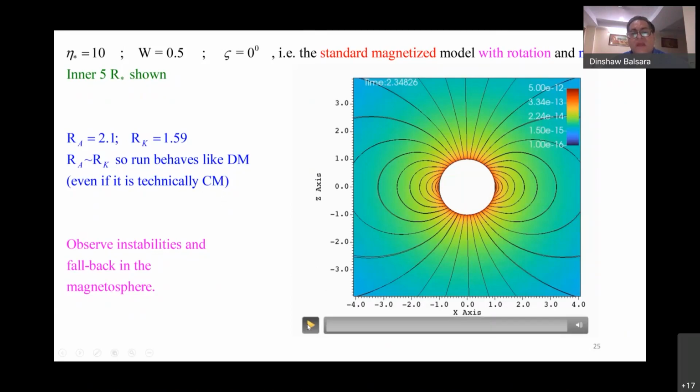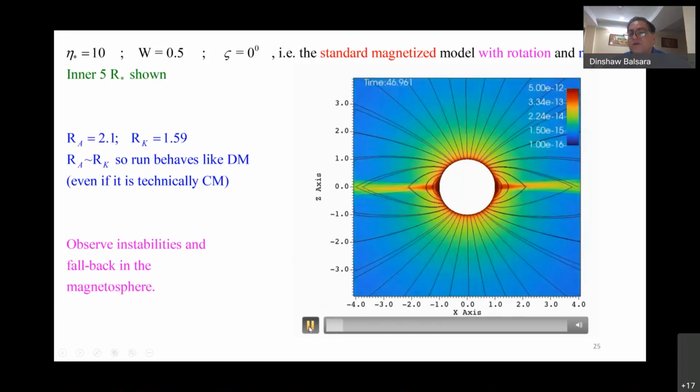But let's see if the dynamics of the situation is actually consistent with a centrifugal magnetosphere, or maybe our scaling estimates are not exactly perfect, and therefore we achieve a dynamical magnetosphere. So let's see what happens out here.